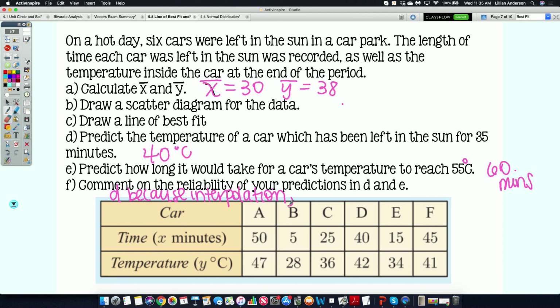What about for E? No, because it's an extrapolation, and that suffices. You just need to be able to recognize that it's in between the points and not in between the points. And that's how you draw a line of best fit by eye, and answer questions and make predictions.